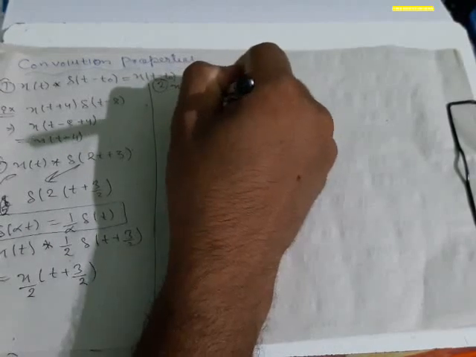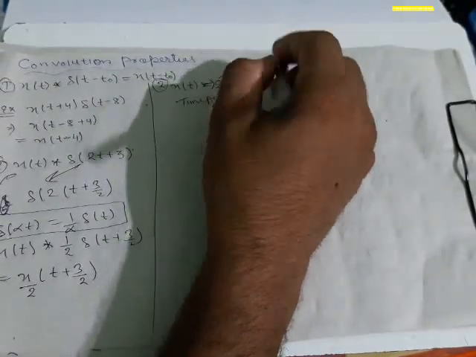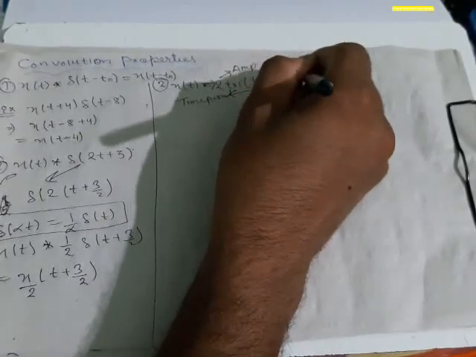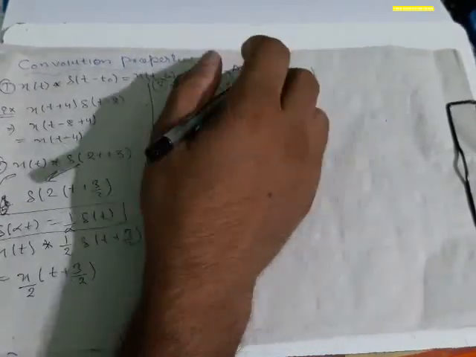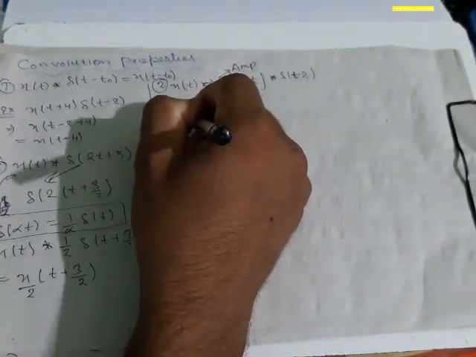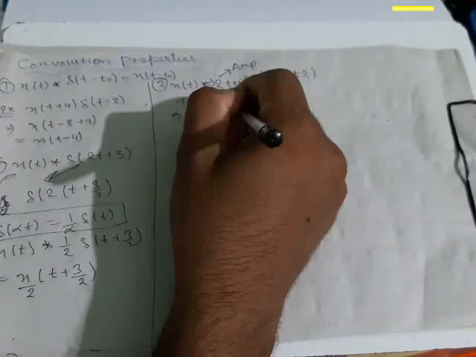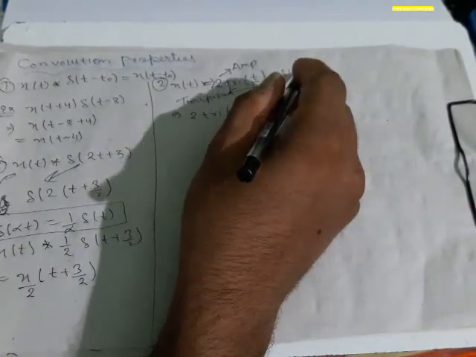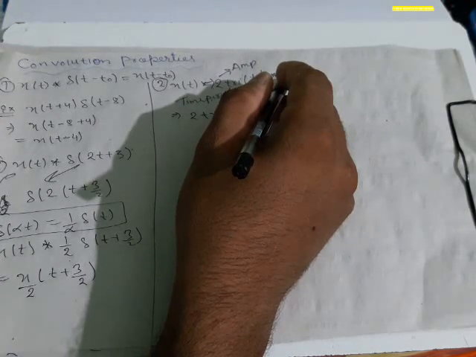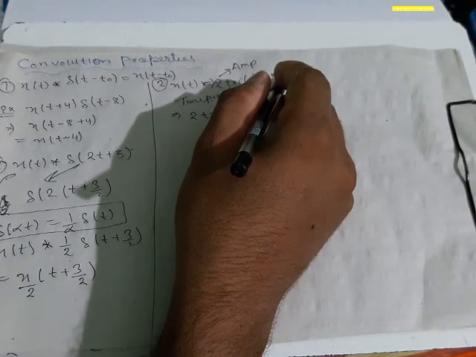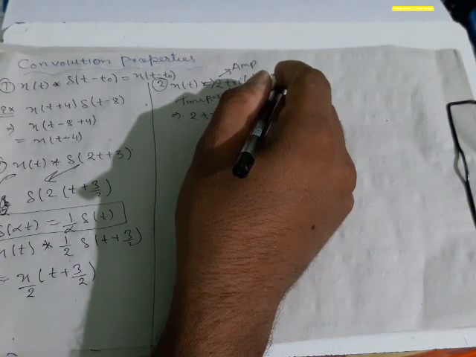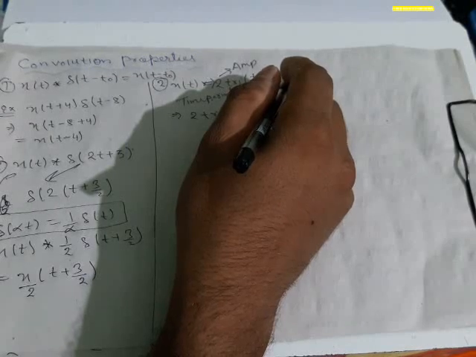The question asks us to find x(t) at t equals minus 1 and 1. For this we know the signal has a time period from minus 4 to 4, for one cycle, and the amplitude is 2.